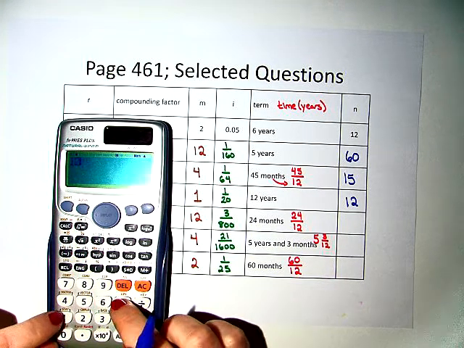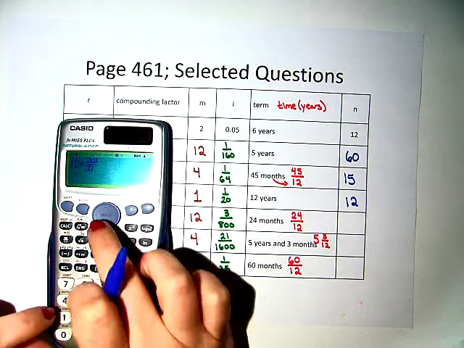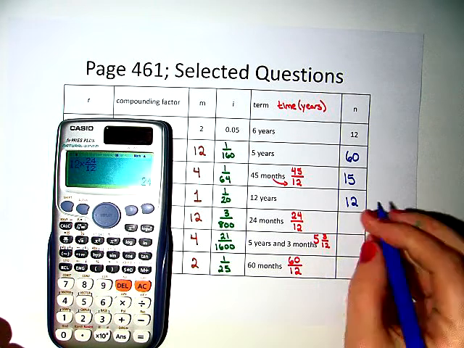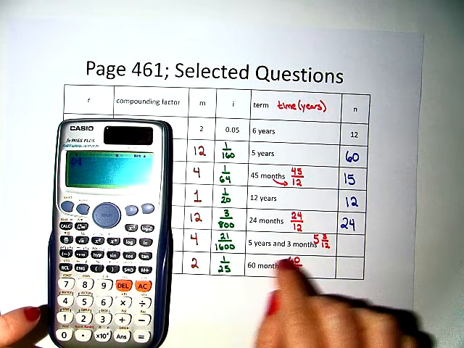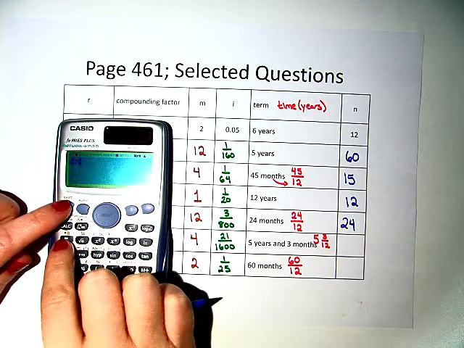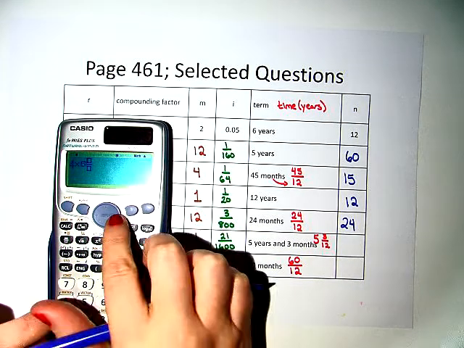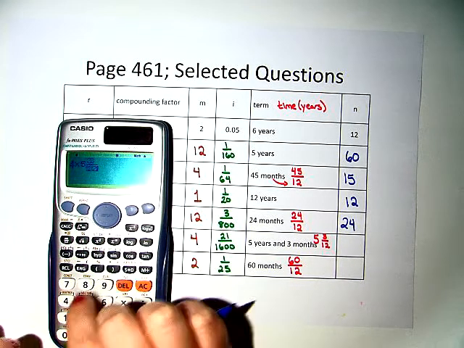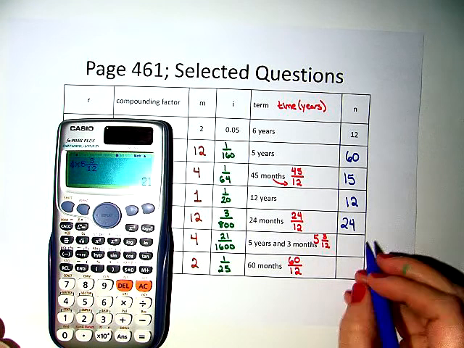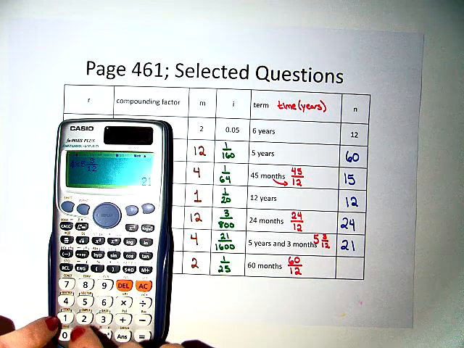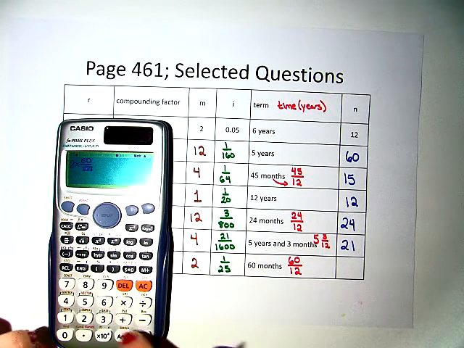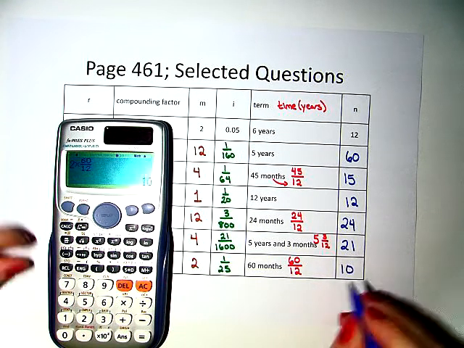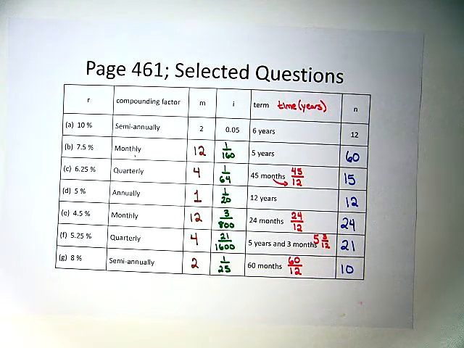Okay? 12 times 24 over 12 gives us 24. Okay? 4 times, and we're going to make it a mixed number, so shift fraction, 5 3/12 equals 21, and 2 times 60 over 12 gives us 10. So this is how you fill out the chart on page 461.